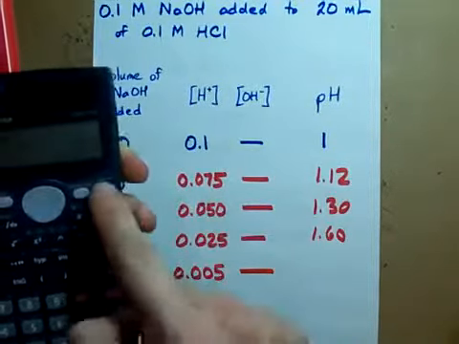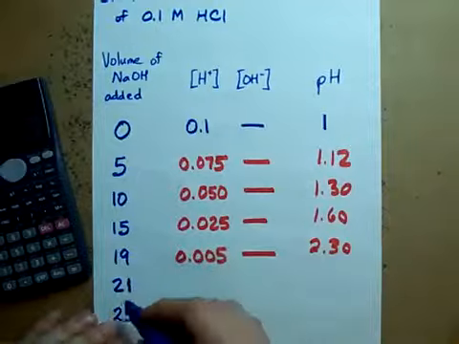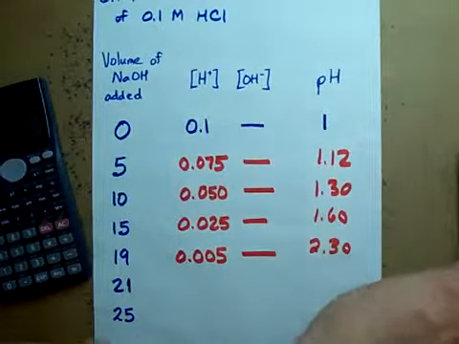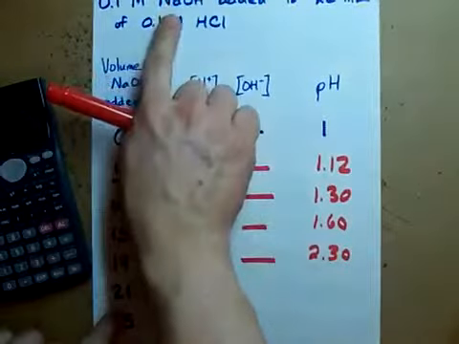But my pH has gone up to negative log 0.005, which is up to 2.3 now. Oh boy. It increased by 0.7 pH units, and I only added 4 milliliters. I want to do a little experiment here. What happens when I add 21 milliliters of base?